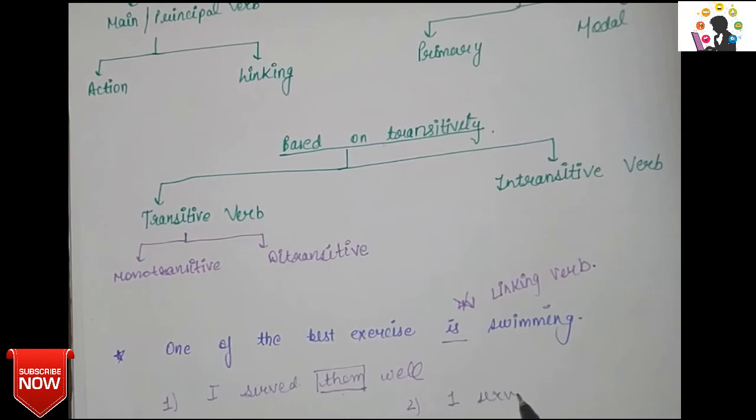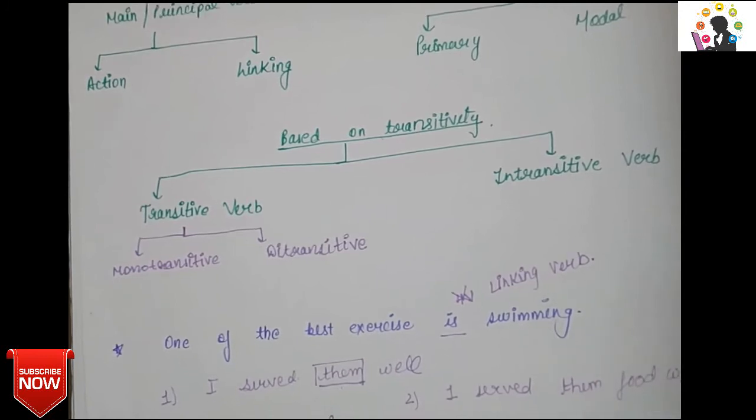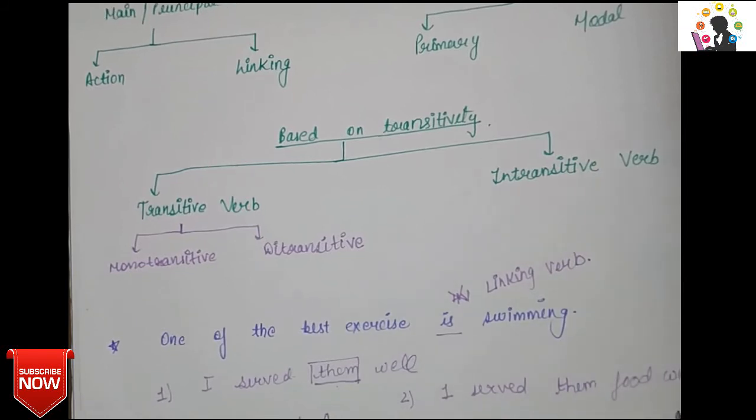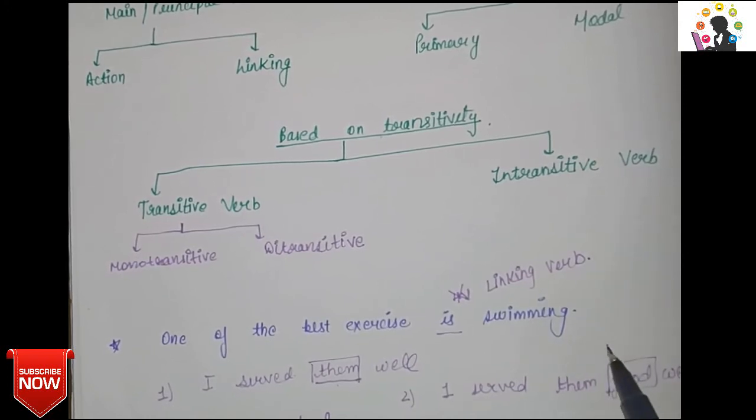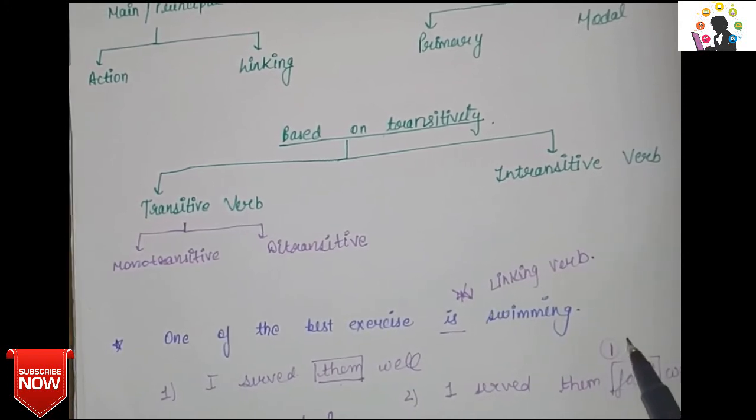Second, I served them food well. So in this sentence, it contains two objects, as I told you. I served them food. If we ask the question what, it contains the answer food. I served them food. What I served, मैंने क्या सर्व किया, तो आंसर आ रहा है food. तो it contains one object, which is direct object.